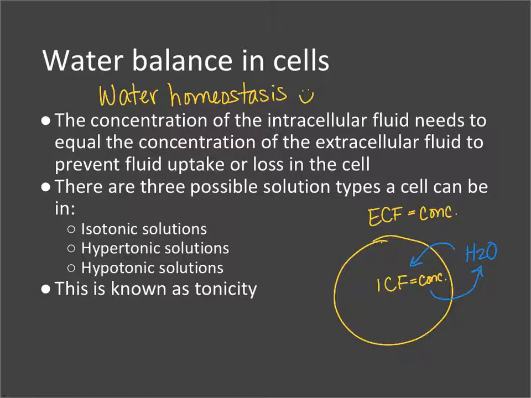So there are three possible types of conditions that can refer to the extracellular fluid, and specifically the concentration of the extracellular fluid. And so the extracellular fluid can either be isotonic, hypertonic, or hypotonic to the intracellular fluid. And we'll take a look at what happens in these different situations on the following slides.